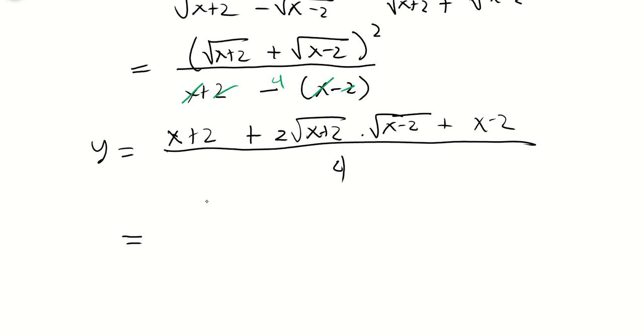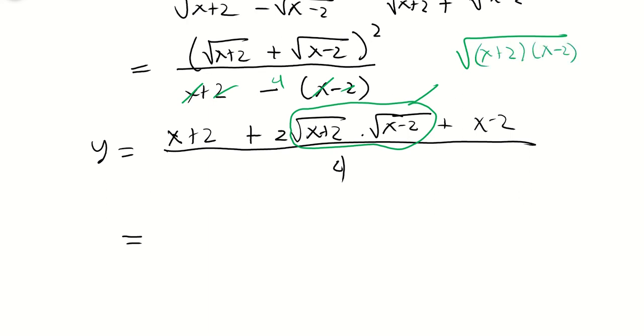This term here is the same as the square root of x plus 2 multiplied with the square root of x minus 2. You can do that because they are both square roots; they have the same exponent. Then we can again apply the special product here, a plus b times a minus b, which is just equal to x squared minus 2 squared, or x squared minus 4.